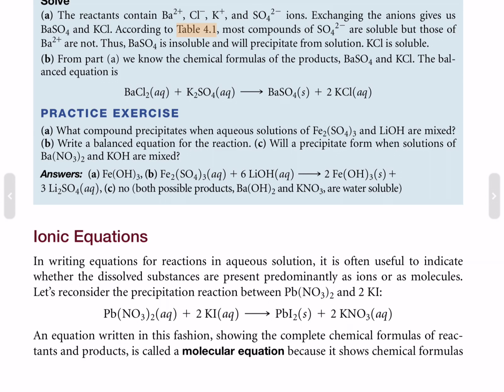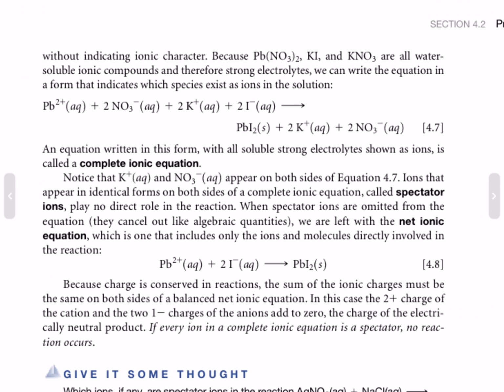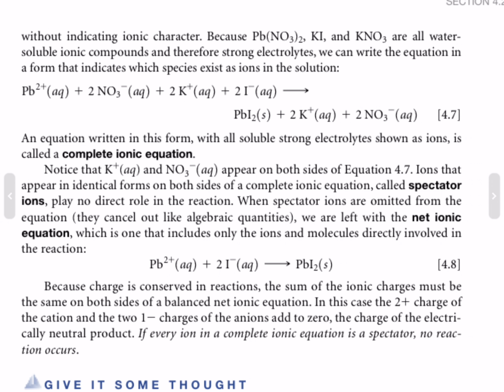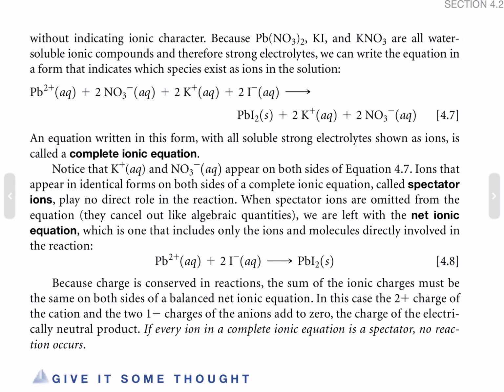An equation written in this fashion, showing the complete chemical formulas of reactants and products, is called a molecular equation because it shows the chemical formulas without indicating ionic character. Because lead nitrate, potassium iodide, and potassium nitrate are all water-soluble ionic compounds and therefore strong electrolytes, we can write the equation in a form that indicates which species exist as ions in the solution.